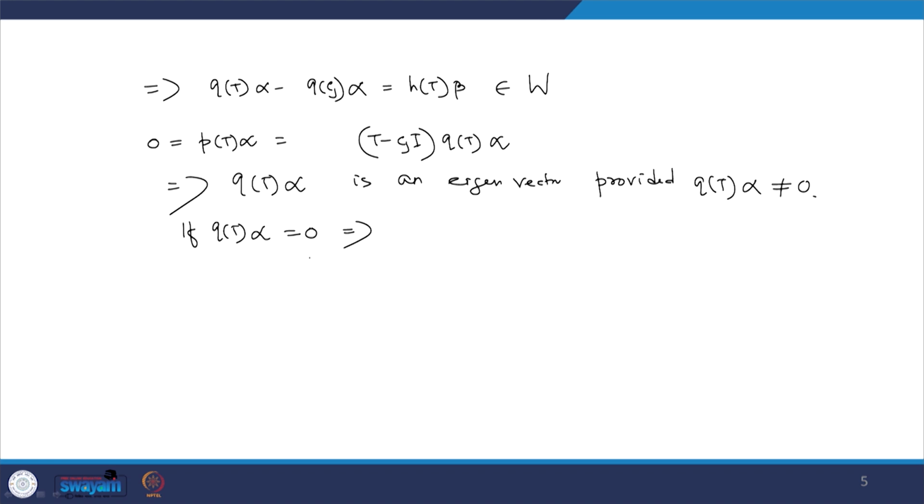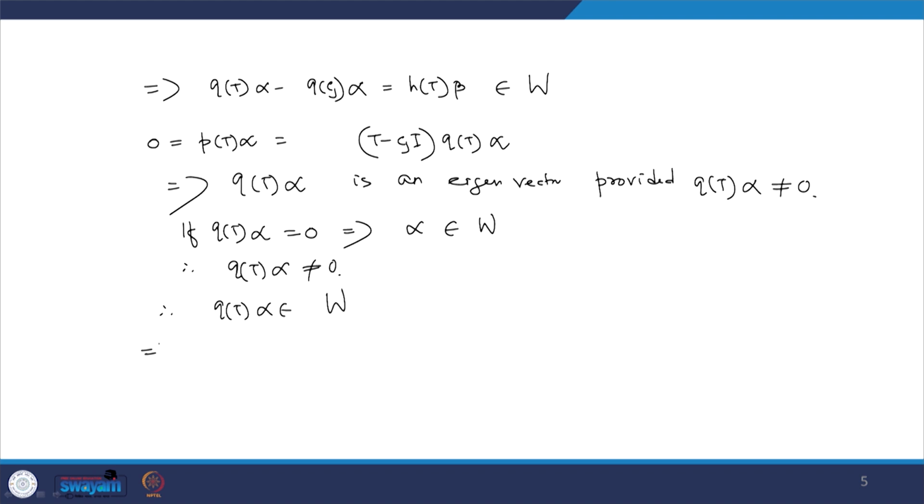So alpha will be annihilated by this, and then alpha will belong to W, because alpha will be an eigenvector of the operator T. But alpha does not belong to W. Therefore, Qt alpha is not equal to 0.